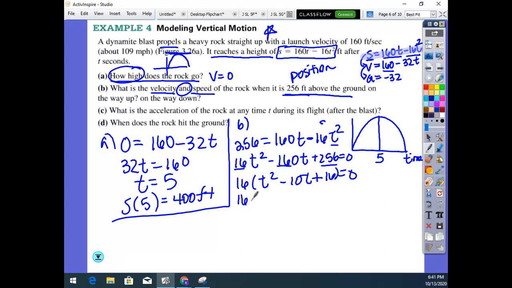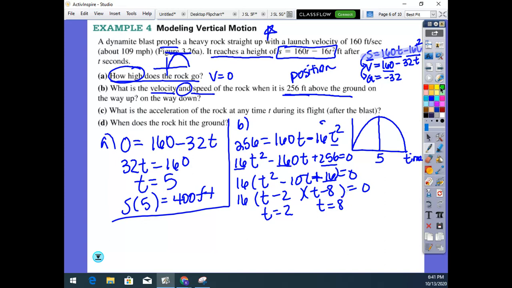I can now factor my quadratic. Factors of 16 that add to get 10: minus 2, minus 8. So this happens at time 2 and at time 8.